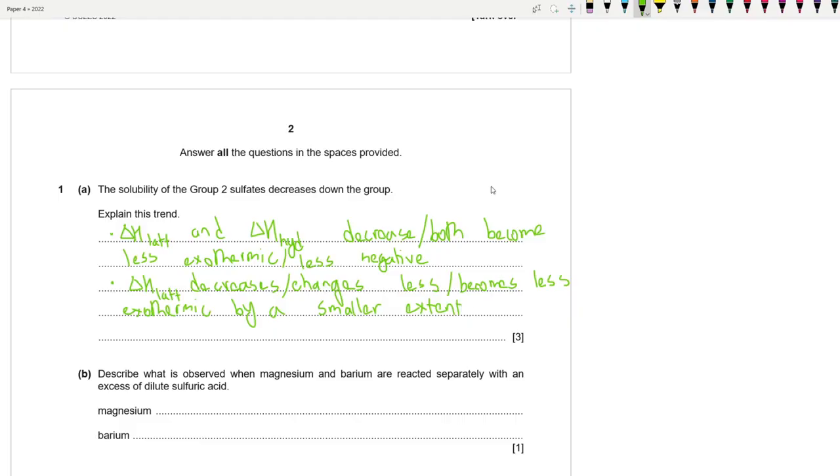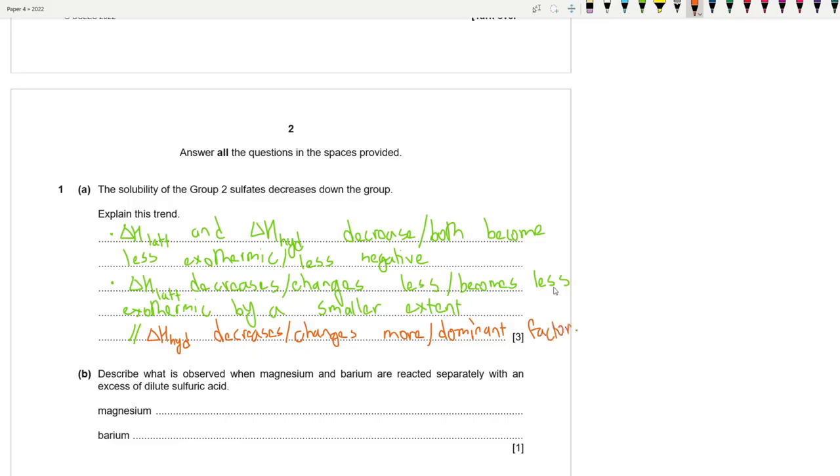Or you could opt for, this is the same point by the way, the other way around. You could say that del H hydration decreases or changes more, or it's the dominant factor. So this is the second point by the way.